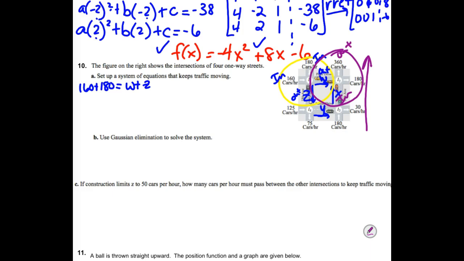Yes? For the other direction, what's going in? The W is now an in for this intersection. What's coming out is 180. Okay? So have your ins balance your outs. What did we say was going in? W and X.